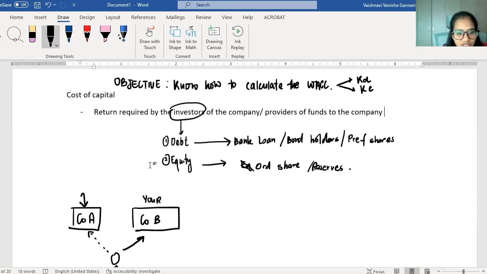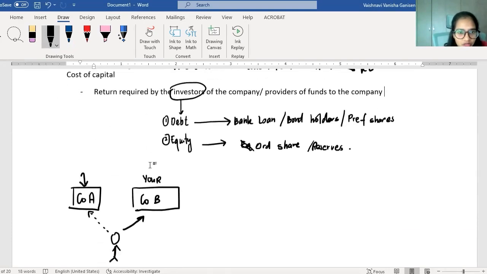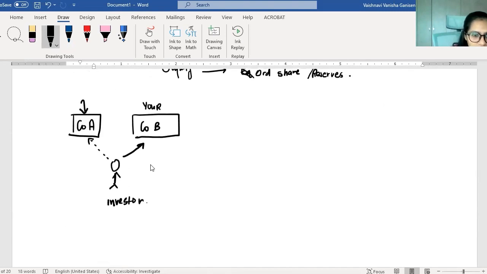So let me just add on a little bit more. Required return, cost of funds, sorry, cost of company raising.